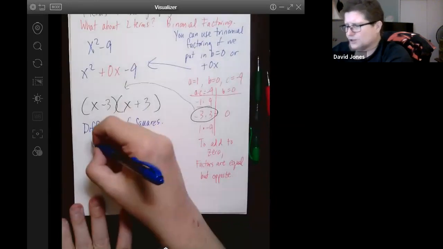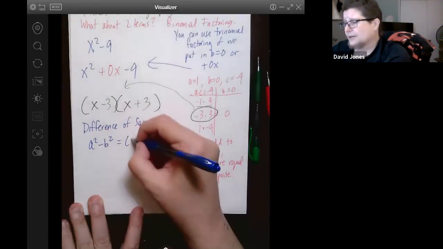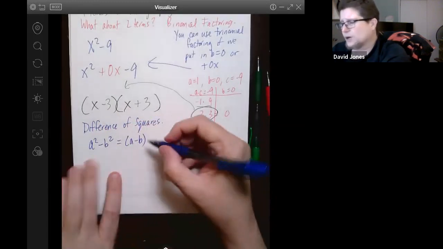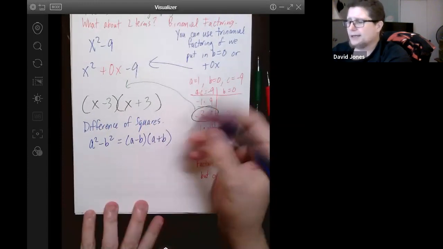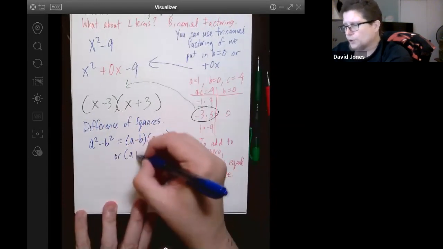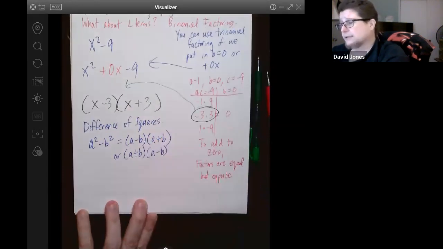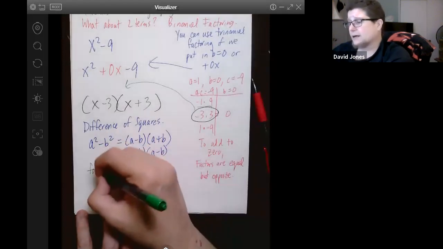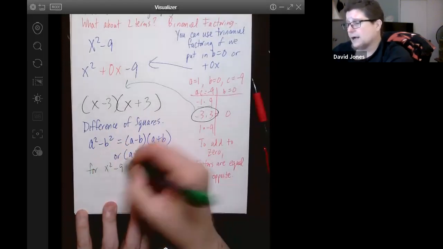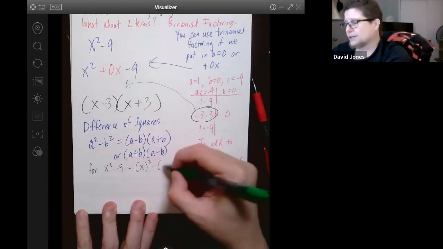If you have a squared term minus a squared term, like a squared minus b squared, it equals a minus b times a plus b. Or you can put the plus b first. It doesn't matter here. For x squared minus 9, I can rewrite this as x squared minus 3 squared.